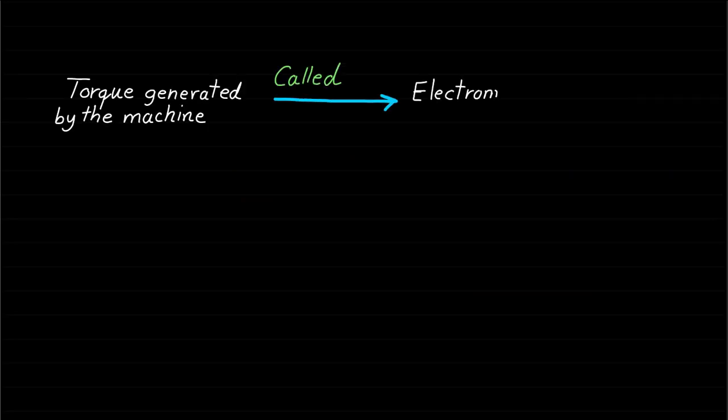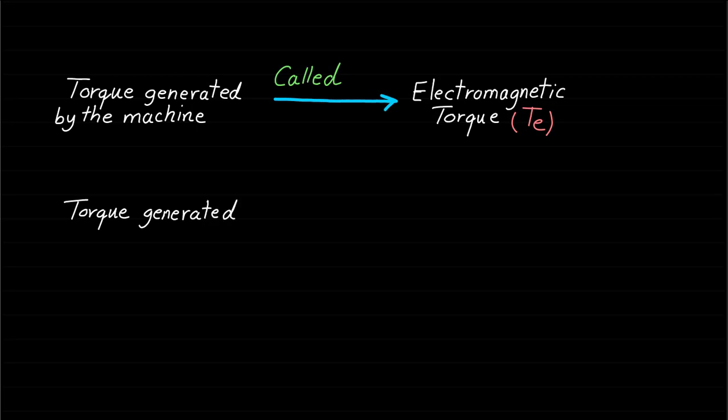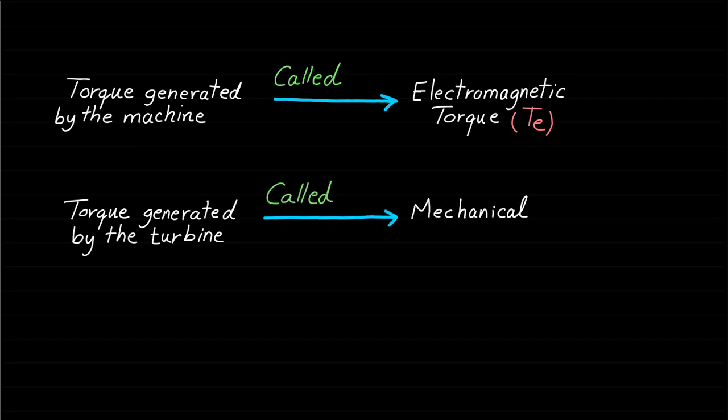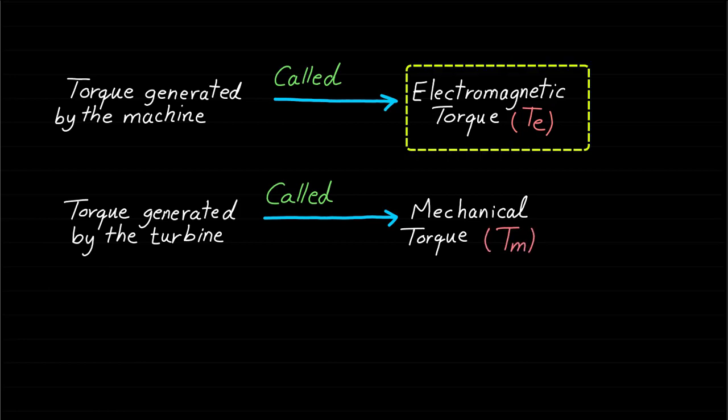The torque generated by the machine is usually called electromagnetic torque and can be represented by Te. The torque generated by the turbine or any external mechanical device connected to the synchronous machine is called mechanical torque and can be represented by Tm. Basically, we are going to focus on the electromagnetic torque generated by the machine.